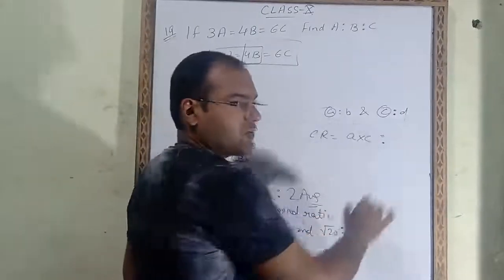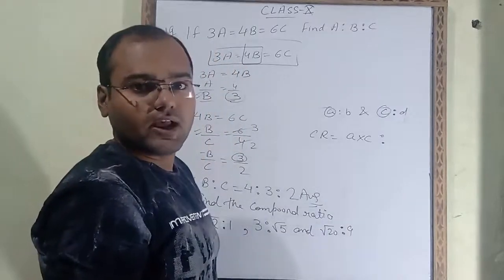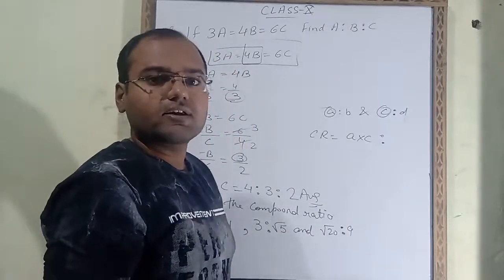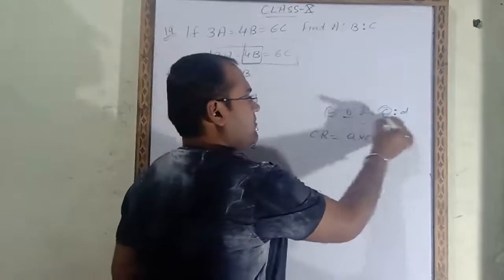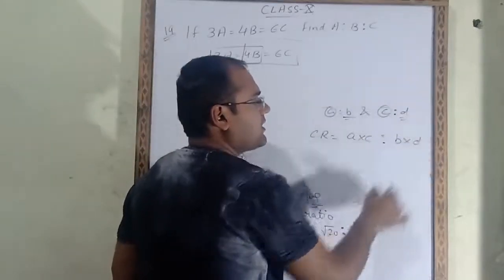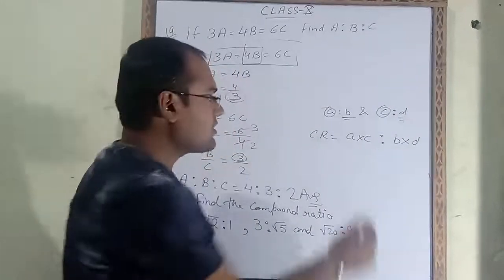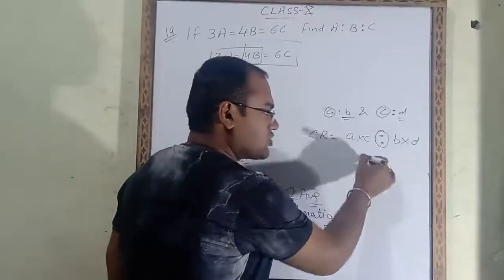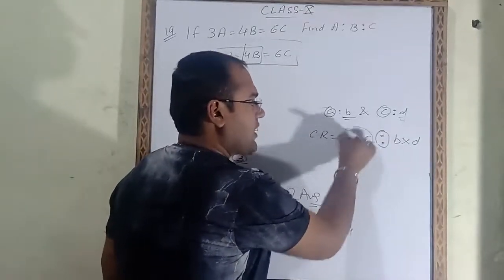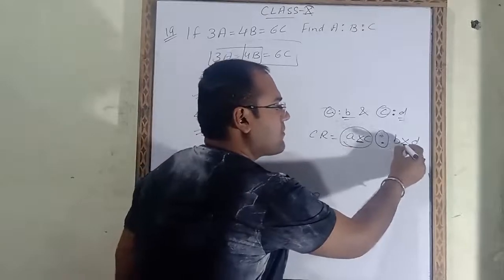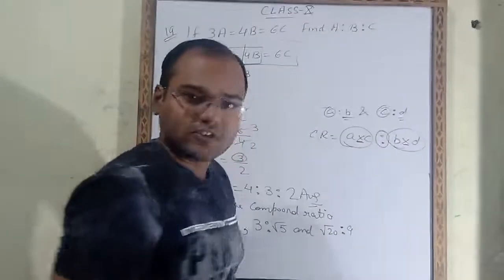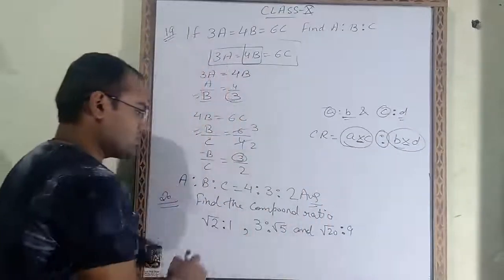And after that what you have to do? The product of the denominators or consequents. What are the denominators? B and D, so the product of B and D. So what is compound ratio? Compound ratio is the ratio of the product of antecedents and the product of consequents. So like this you have to do here also.